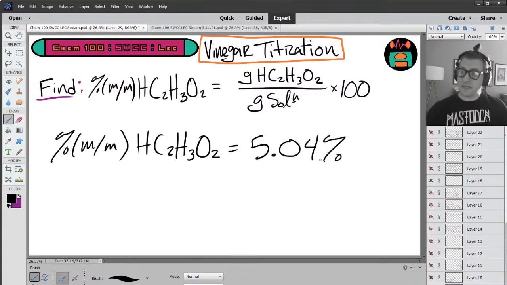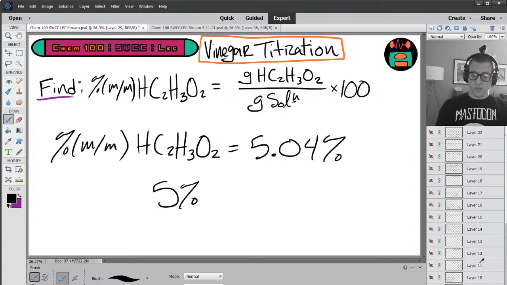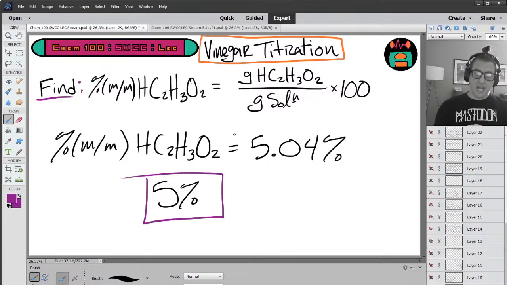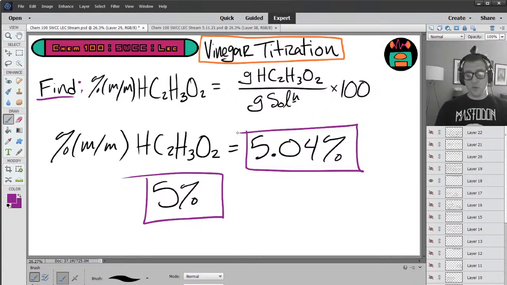Now, the last step in this problem asked us to compare our calculated value to the advertised value, which was 5%. And I would suggest to you that these two numbers are the same. They just have different precision.